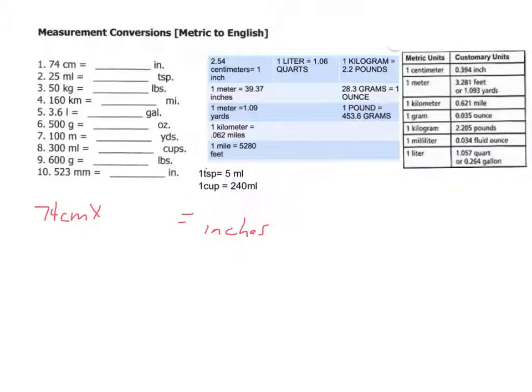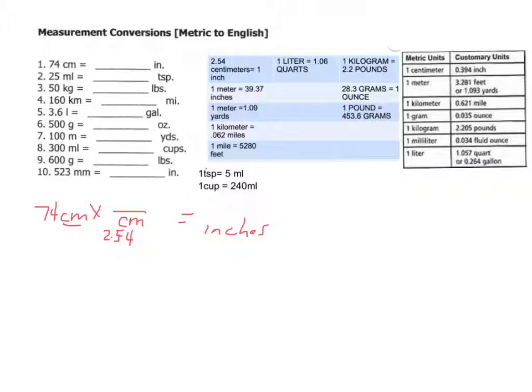Now this is what stumps students. Where do I put those numbers? Well, it's going to be set up as a fraction. Now whatever we are given, in this case we're given centimeters, that is going to go on the bottom. And that's going to go on the bottom because we need to cancel those units out. So centimeters goes on the bottom, and the number that is associated with that is 2.54.